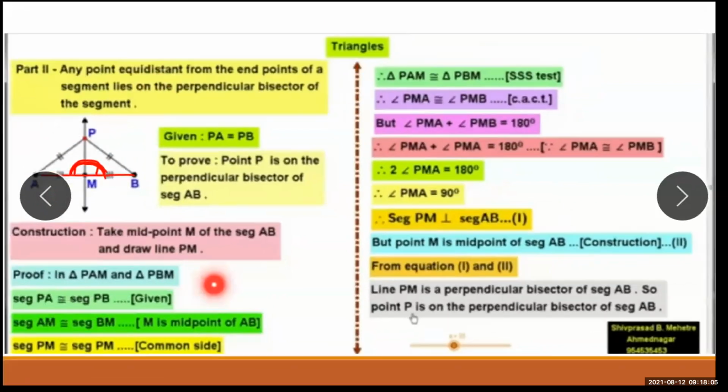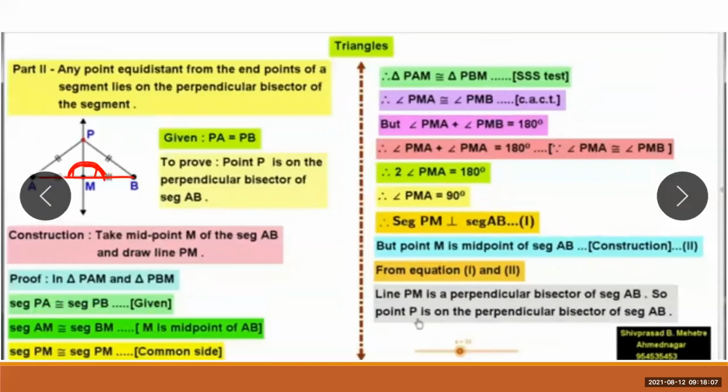Now we have to prove that point P is on the perpendicular bisector of segment AB. What is given? That PA equals PB, that means segment PA equals segment PB.